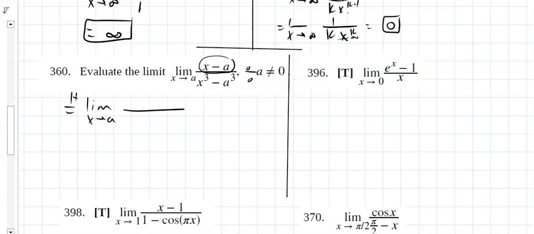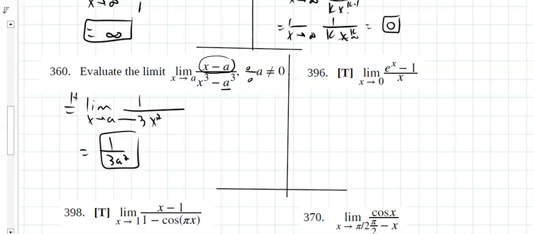Well, the derivative of x is 1, the derivative of a is 0. The derivative of the denominator is 3a squared minus 0, 3x squared, forgive me. And if I take the limit as x approaches a, you plug a in and you get 1 over 3a squared. So this dominates over most of what we did in chapter 2.